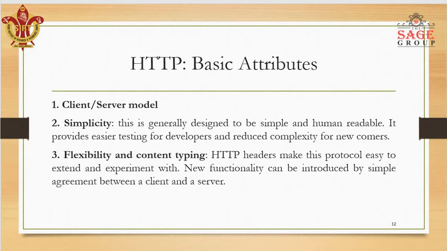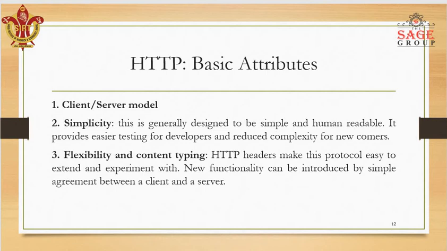Some of the basic attributes related to HTTP are the client-server model that we have already discussed. Simplicity: it is generally designed to be simple and human readable. It provides easier testing for developers and reduces complexity for newcomers. Flexibility and content typing: HTTP headers make this protocol easy to extend and experiment with.